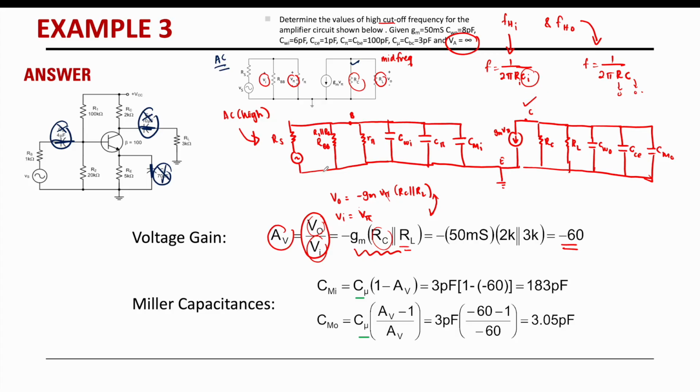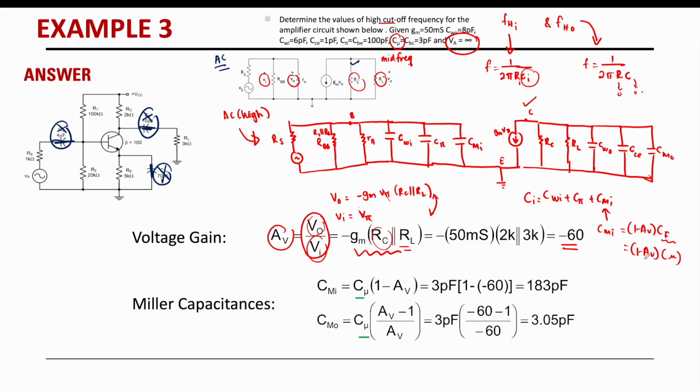C in is equal to CWI plus C pi plus CMI. So we need to determine CMI first. By now I hope you already remember the formula for CMI, which uses CF. CF is not given, but what is provided to us is the value of C mu, which is 3 pico.